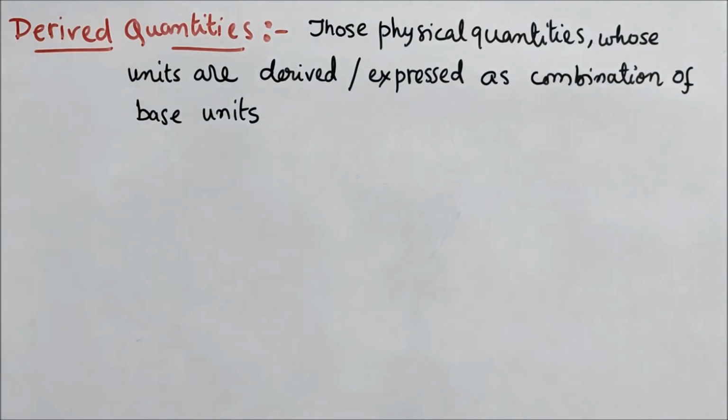Those physical quantities whose units are derived or expressed as a combination of base units are called derived quantities.